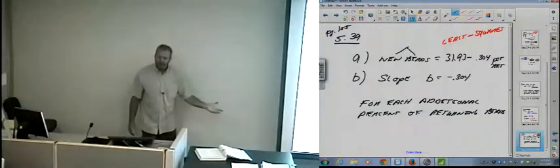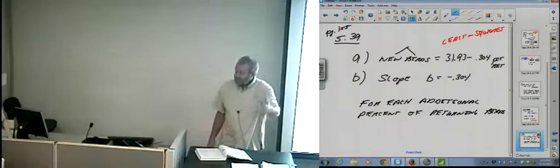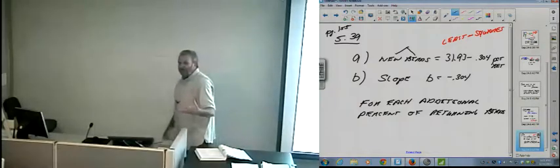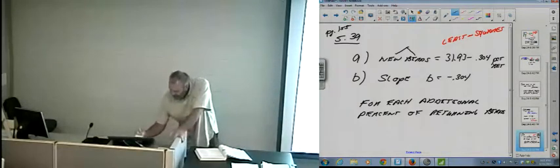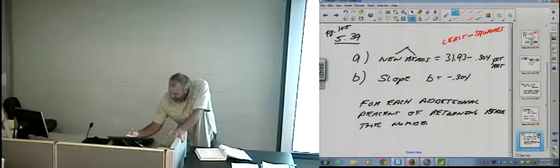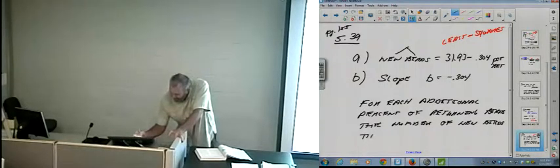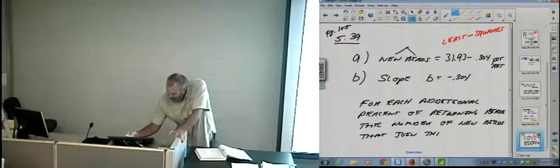The explanatory variable is the percent of returning birds, so you're going to increase that by 1. So for each additional percent of returning birds, the number of new birds that join the colony, that's your response variable, right?